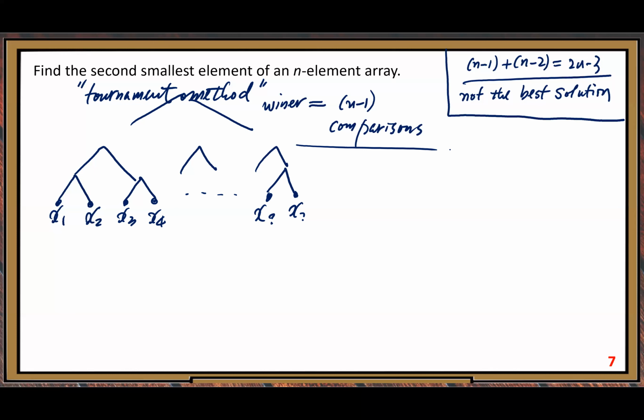All right. Then the hard part is how to find the second best player. Okay, second best player. We only need to find the best one in the remaining players, right?